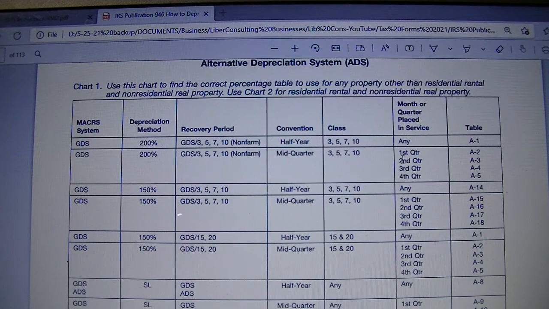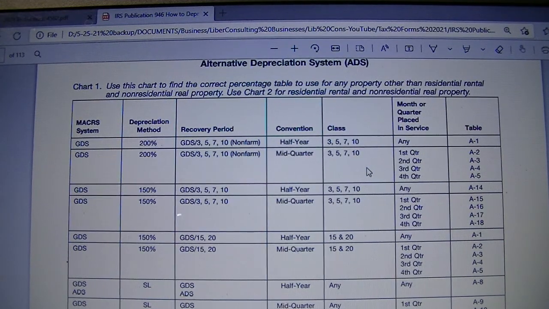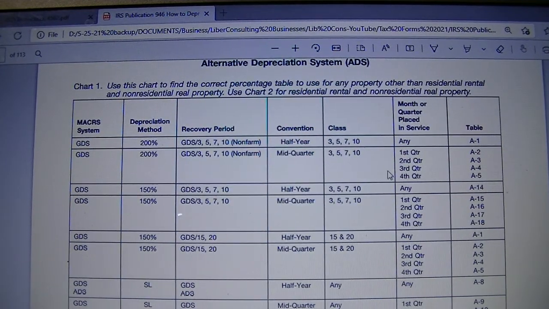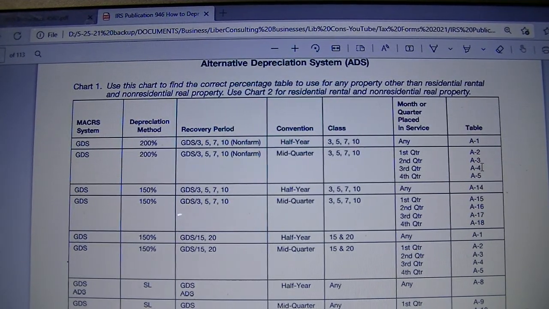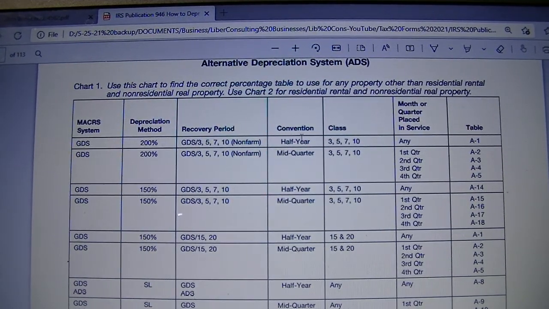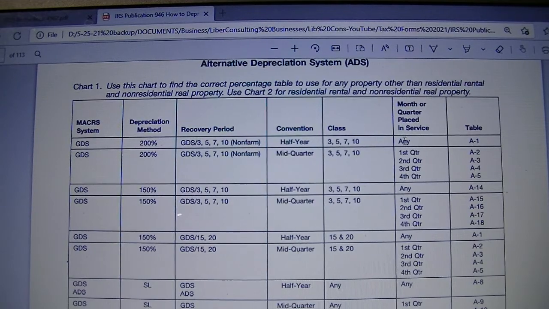If you place an asset in quarter 2 and you are going to use mid-quarter for all your depreciation for that year, an asset placed in quarter 2 will use table A, for instance, and another asset placed in quarter 3 will use table A4, for instance. But we are going to use half year, so the quarter will not matter.